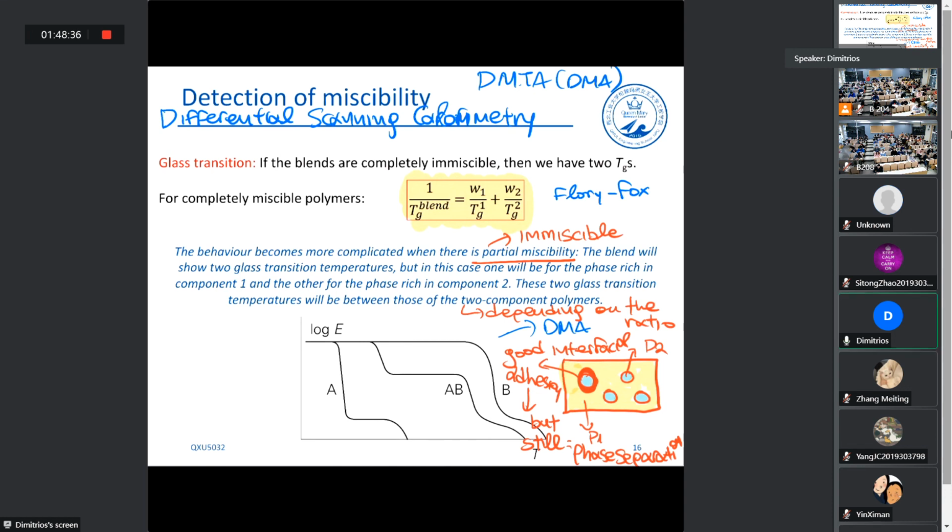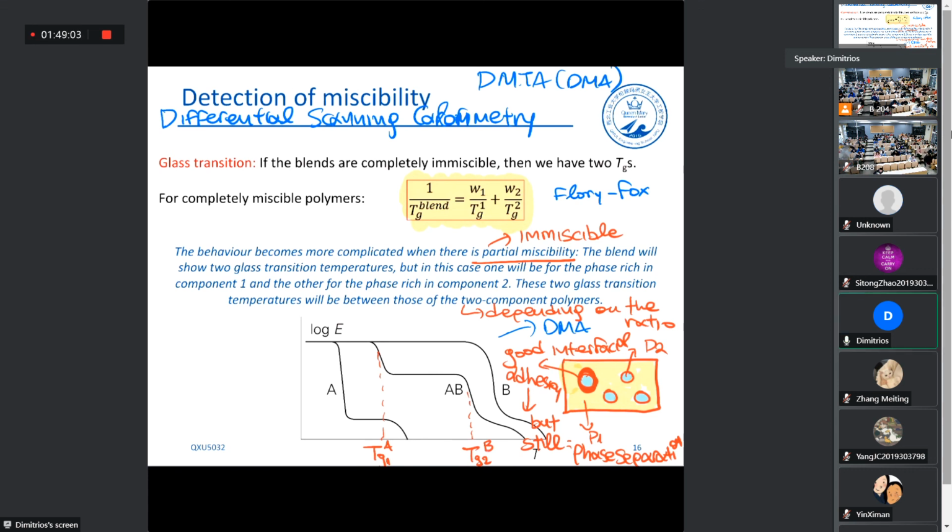In this case, as I said, we have two glass transitions. As you can see here, there is one glass transition here. That is because of the A polymer, and we have a second glass transition here because of the B polymer, okay?